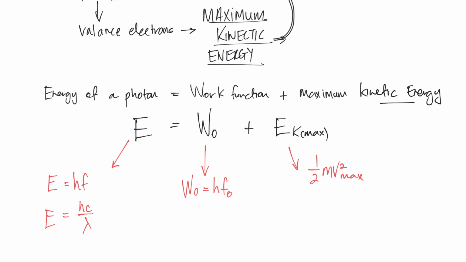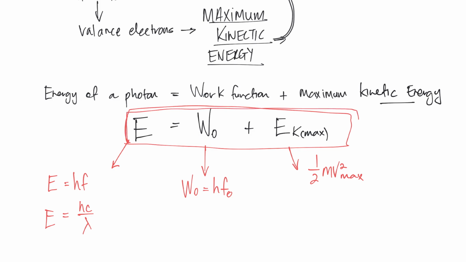So each of these main formulas doesn't just stand by itself. It means that we can use any of the sub formulas that belong to them in order to do calculations, depending on what kind of information they give us.